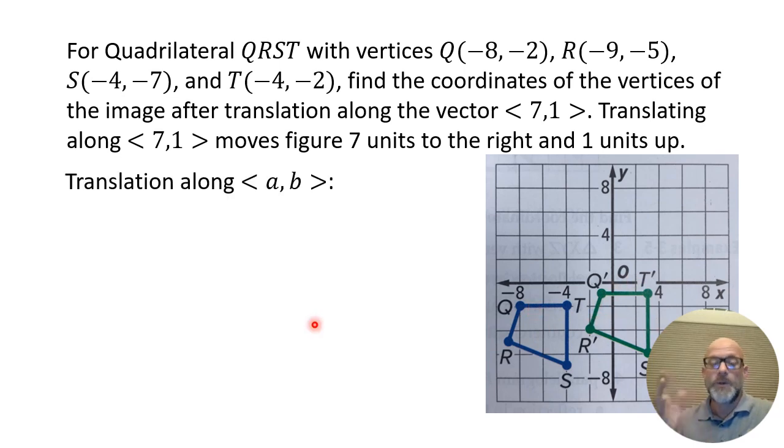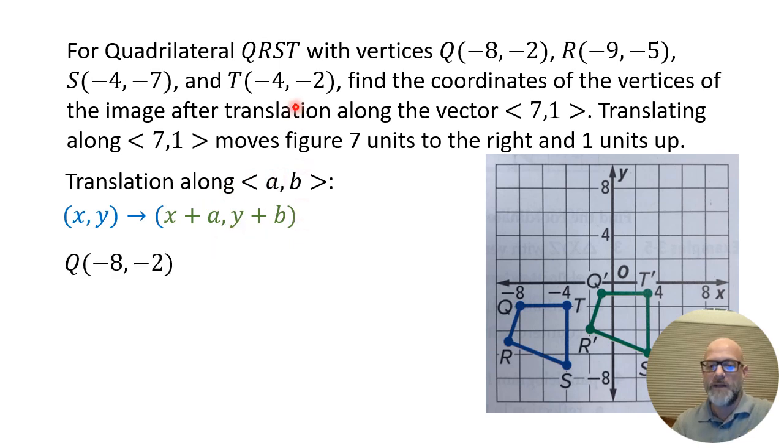Okay, in order to do a translation along the translation vector <7, 1>, or <a, b>, what was the rule for translation along translation vector <a, b>? It was this. (x, y) maps to (x plus a, y plus b). All right, so if I start with Q at (negative 8, negative 2), what will that map to?